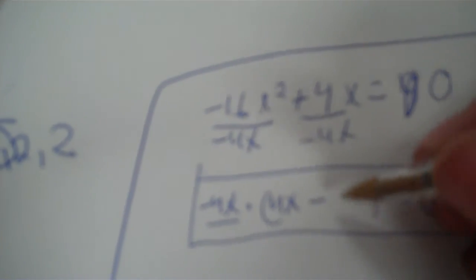So let's check 4. 16 divided by 4 and 4 divided by 4, okay, so 4. So -4x, positive 4x, and -1.